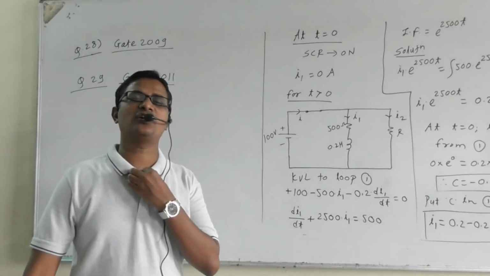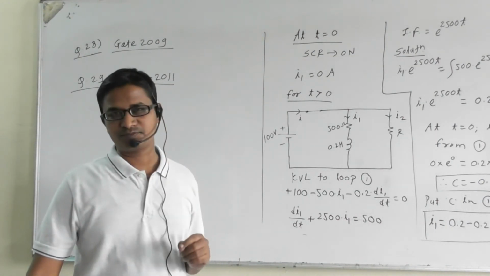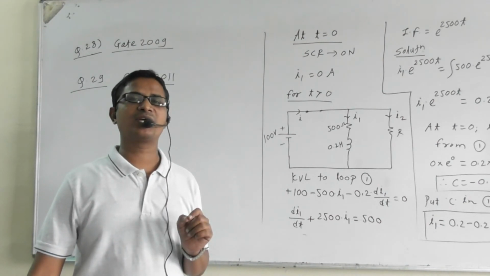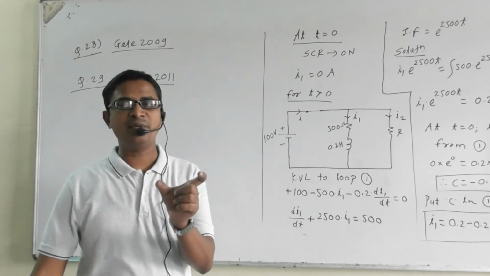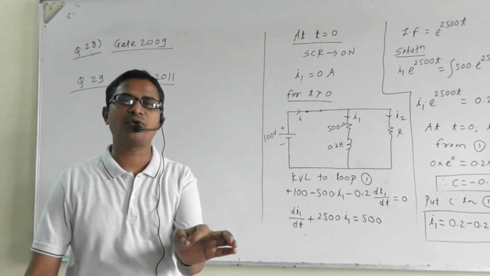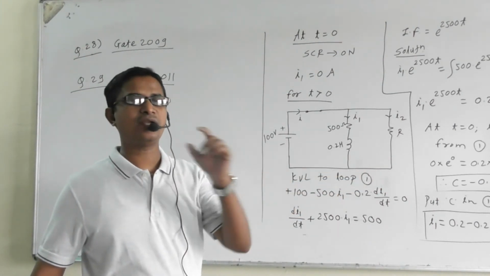What is the definition of circuit turn off time? It is the time measured from the instant at which the current flowing through the SCR becomes zero. That time interval starts when the current flowing through the SCR becomes zero, and after that the reverse voltage is maintained. Are you getting the point?